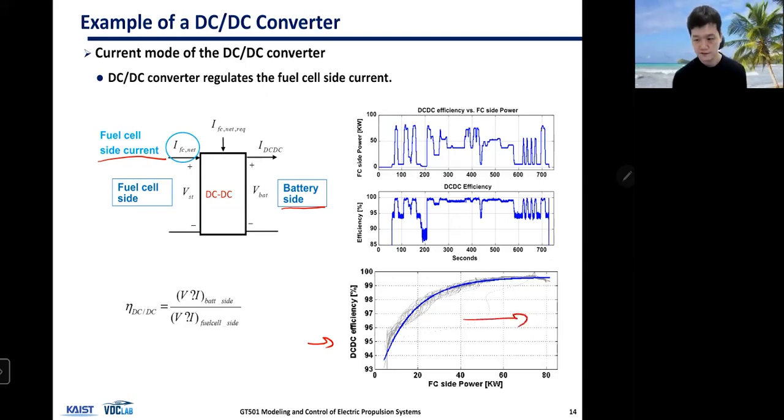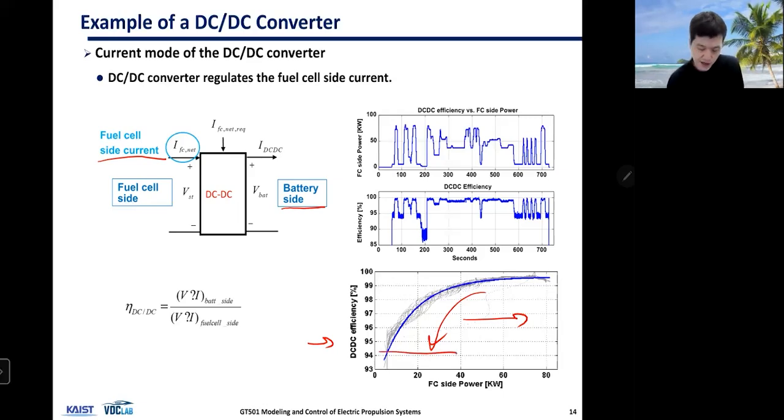So if this converter is designed for, let's say, 80 kilowatts, then operating at higher power is more efficient because it's designed for that rated power. But if you operate at lower power, then efficiency starts to drop. Okay. But still, it's not too bad.